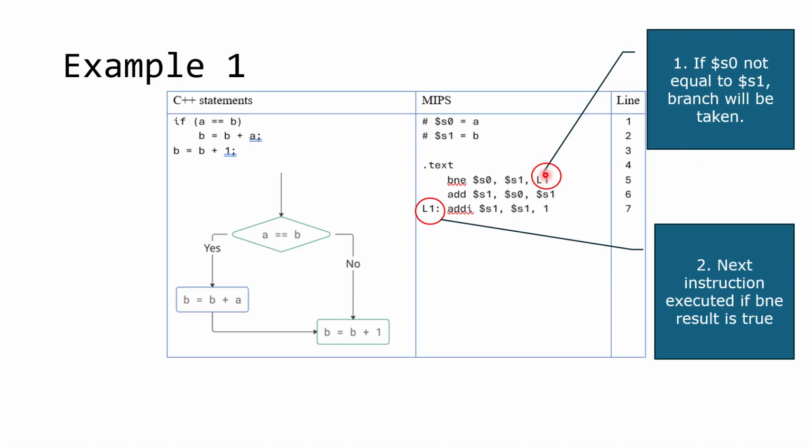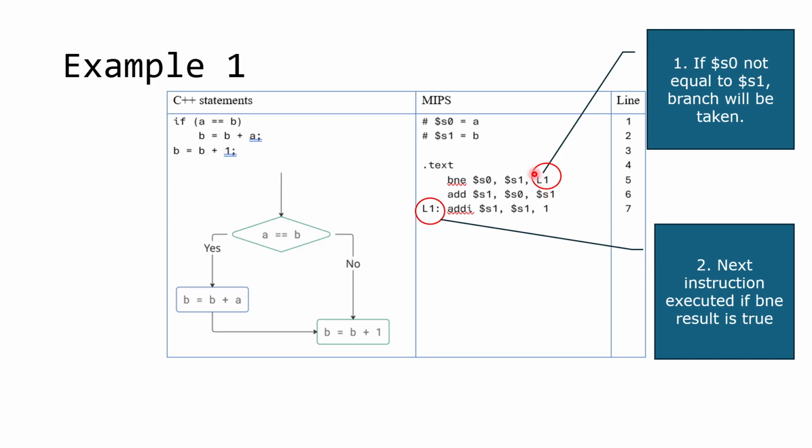In the MIPS instruction, when you translate if A is equal to B, we will use the opposite to get the same structure. As you can see now, if $s0 is not equal to $s1, meaning A is not equal to B, then we would execute B is equal to B plus 1.